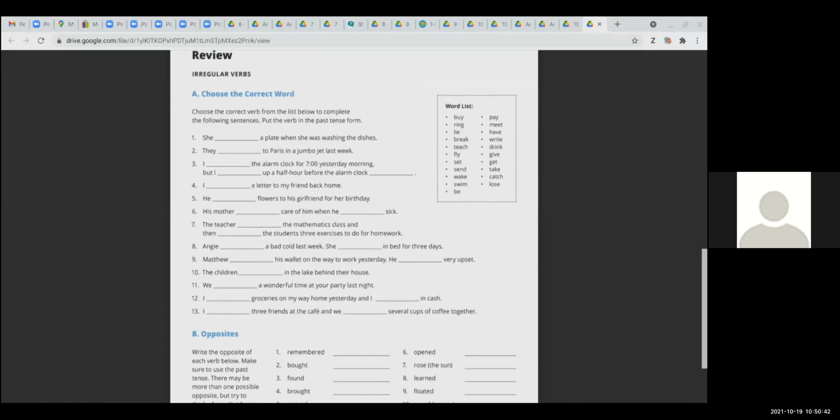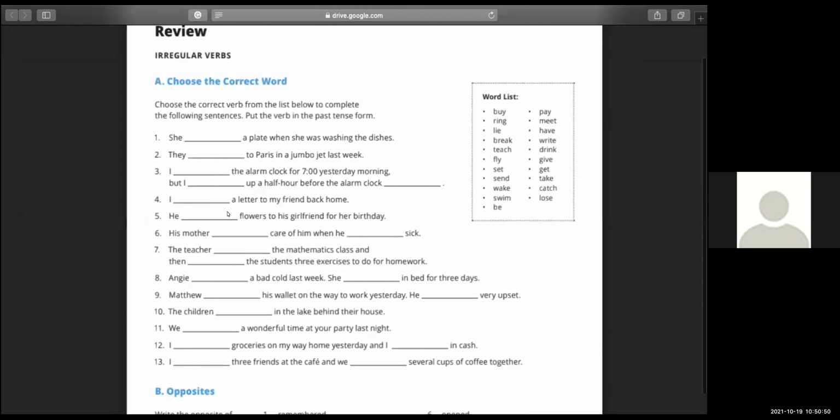And then number 6, who wants to read? What is the past tense? I think flew. I put another link in the chat that has a short list of irregular verbs and the form for the irregular past. Okay.